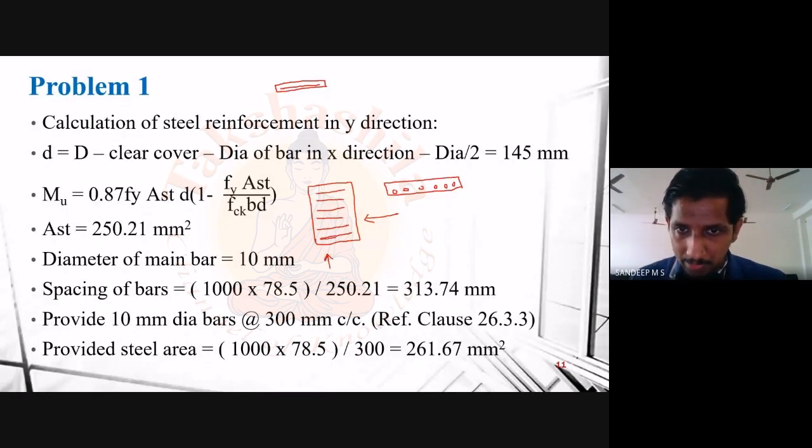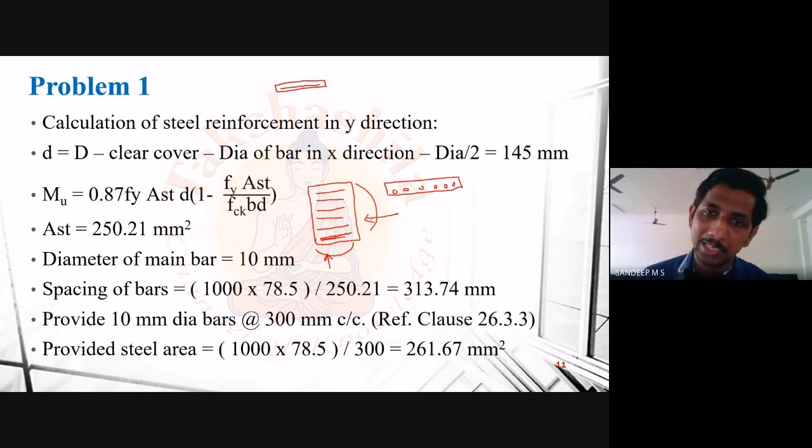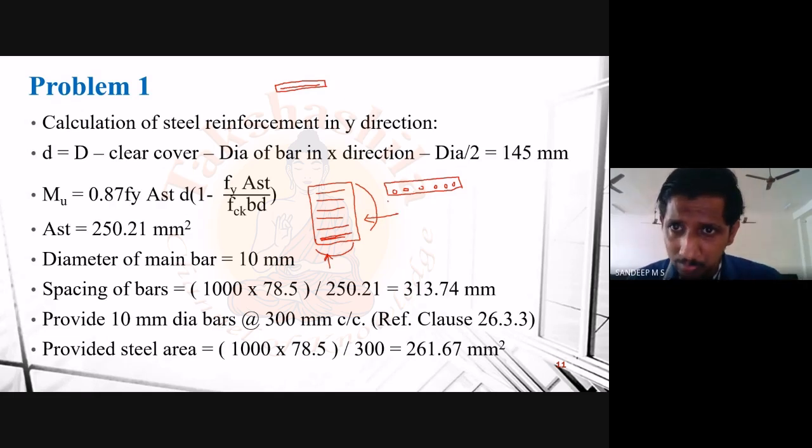You provided the reinforcement like this, because here the bending will be like this and here the bending will be like this. To prevent this bending, we have to provide reinforcement like this, and when you look at the same reinforcement from this side, you will see it as some dots. So this is where we have to start the design for finding out the reinforcement in the y direction.